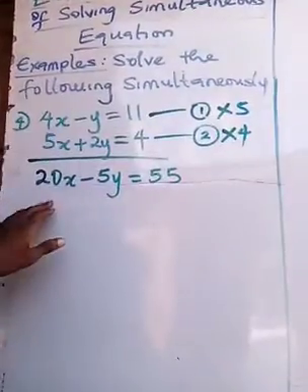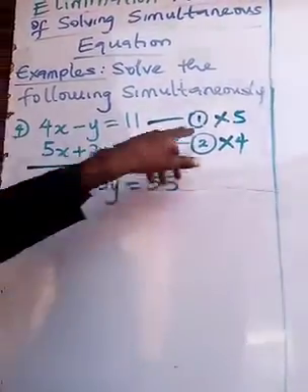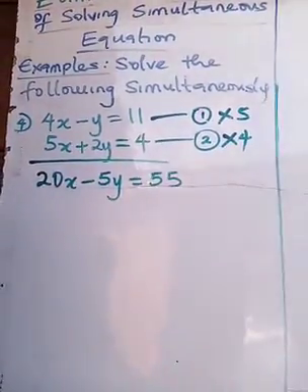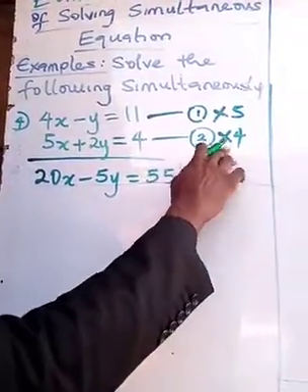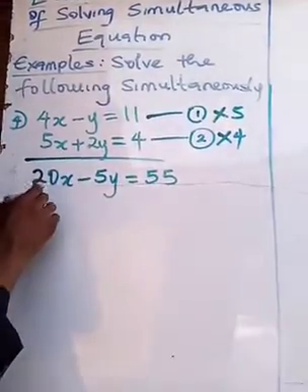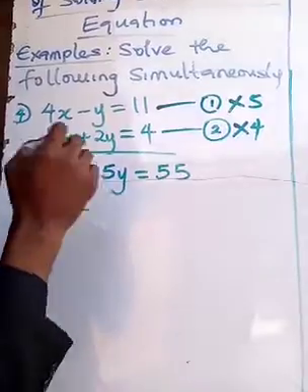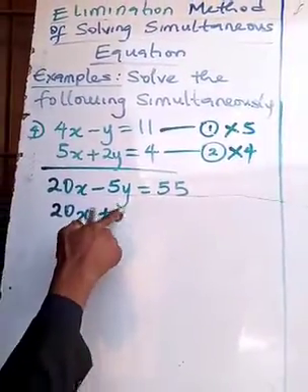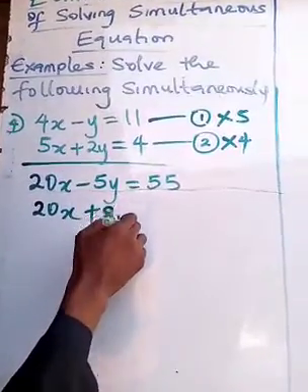Then you use this number 4 to multiply the whole of equation 2: 4 times 5x, that's 20x, plus 4 times 2y, that's 8y.